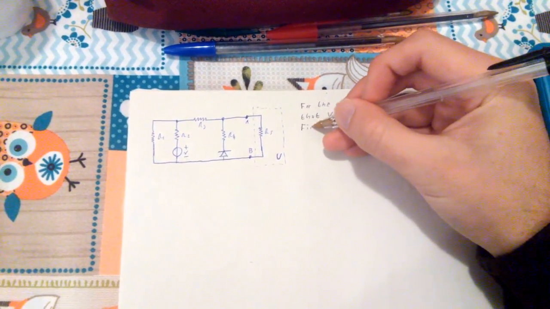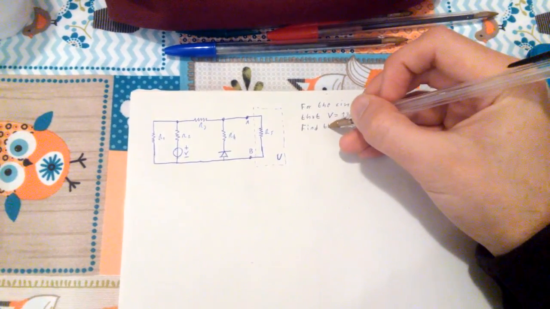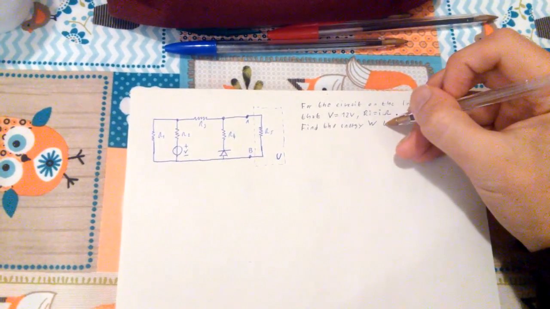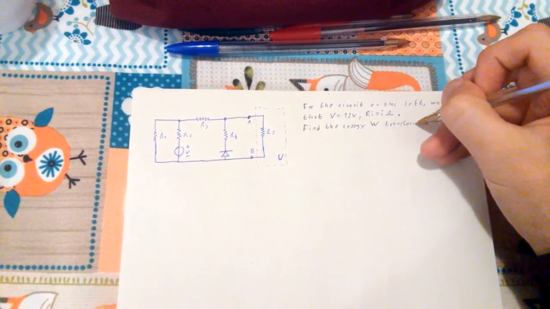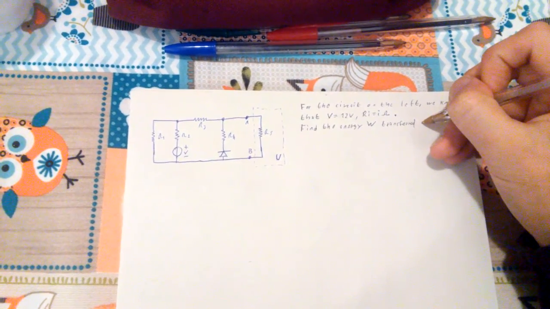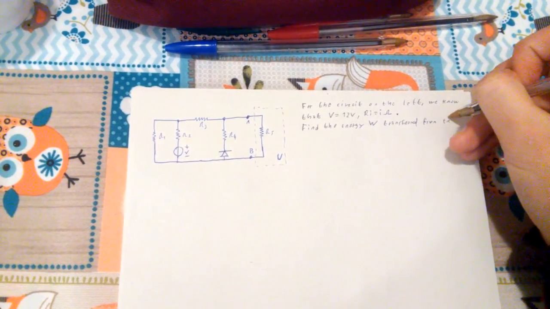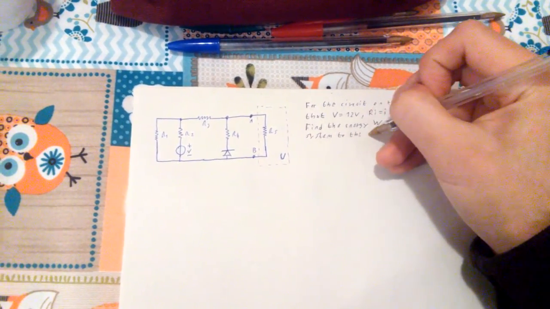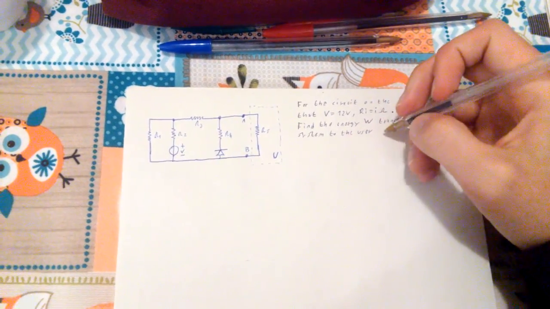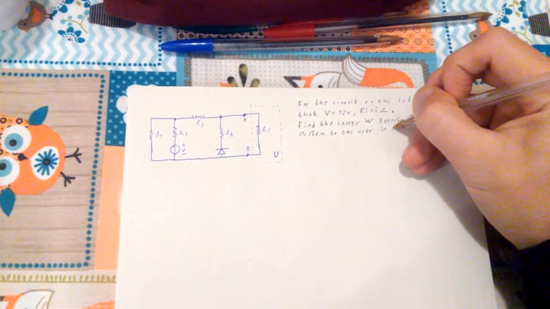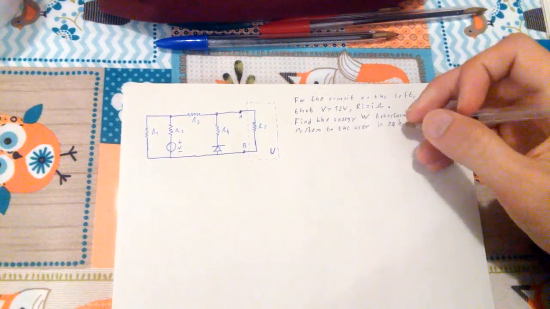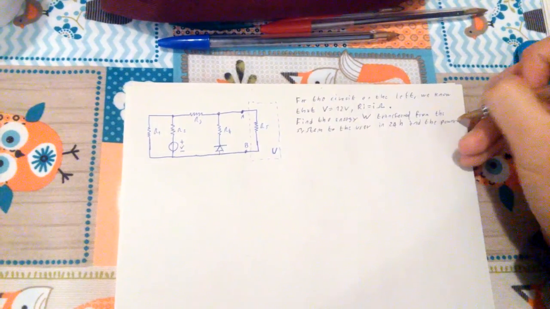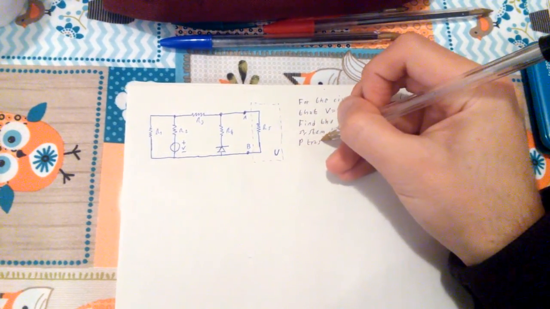Find the energy W transferred from the system to the user in 24 hours, and the power P transfer.